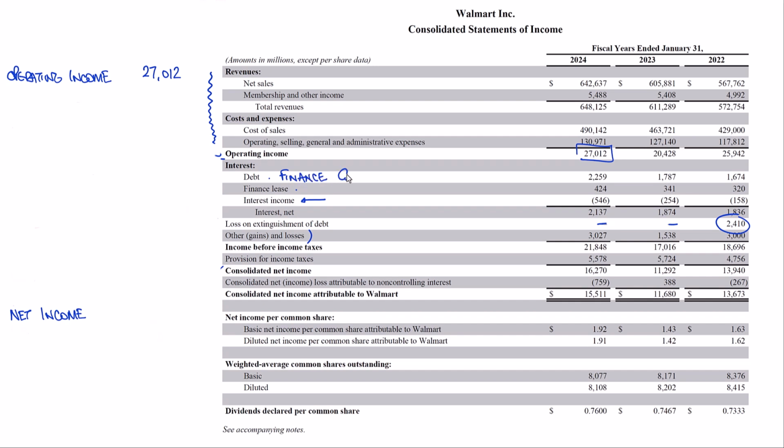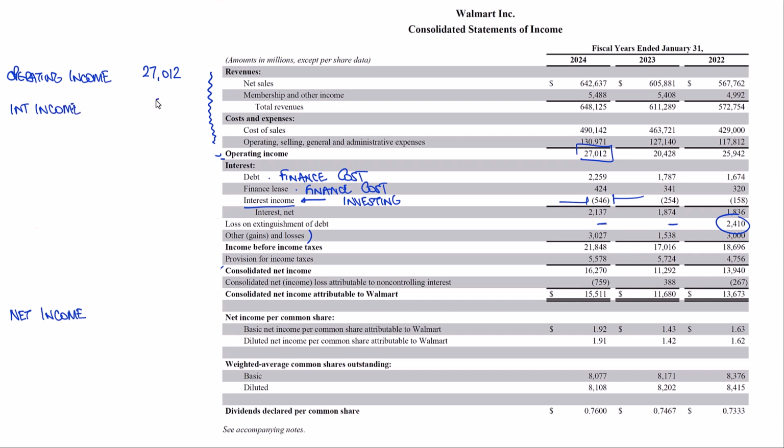That's not investing. That's finance. We have interest on a finance lease. Again, that is going to be a finance cost. Then we have 546 of interest income. That is income from investing, income on debt. So I'm going to put that here, interest income.